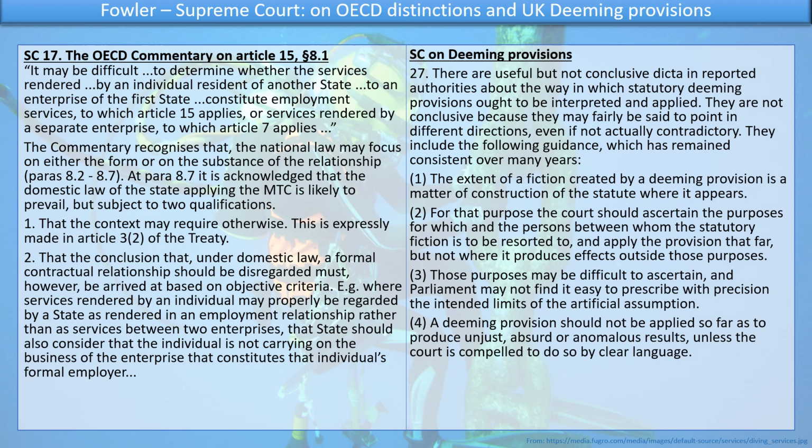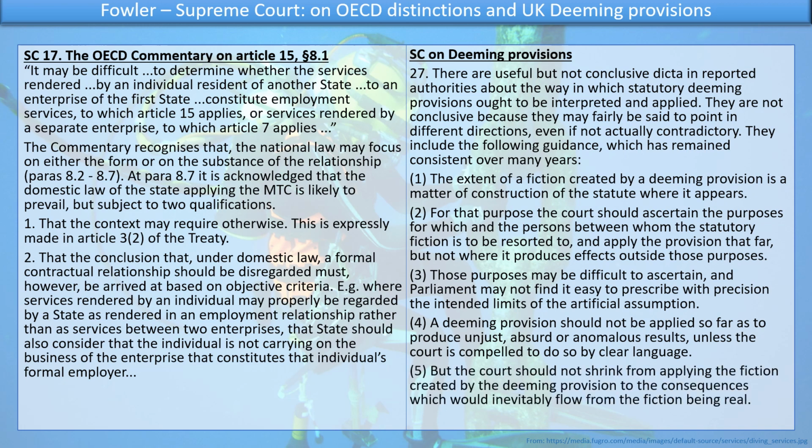It says a deeming provision should not be applied so far as to produce unjust, absurd, or anomalous results unless the court is compelled to do so by clear language. But then it says in the fifth point, but the court should not shrink from applying the fiction created by the deeming provision to the consequences which would inevitably flow from the fiction being real. And this is what the Court of Appeal has done.